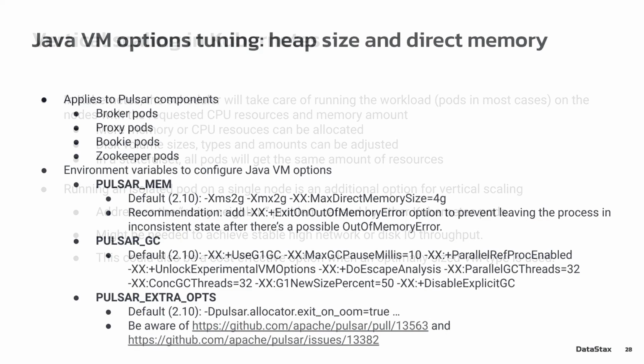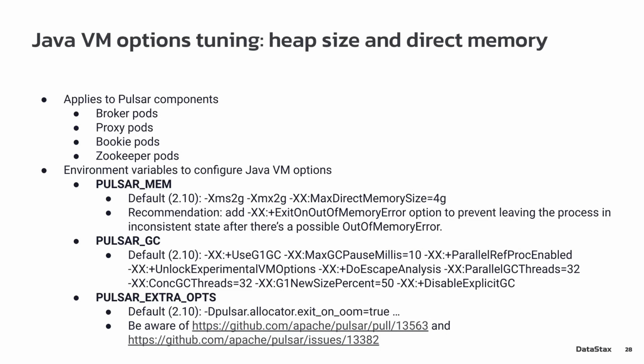So for Java JVM options tuning, the heap size and direct memory size are the main parameters. This applies to broker, proxy, bookie, and ZooKeeper. For ZooKeeper, currently the direct memory size doesn't have a huge need.